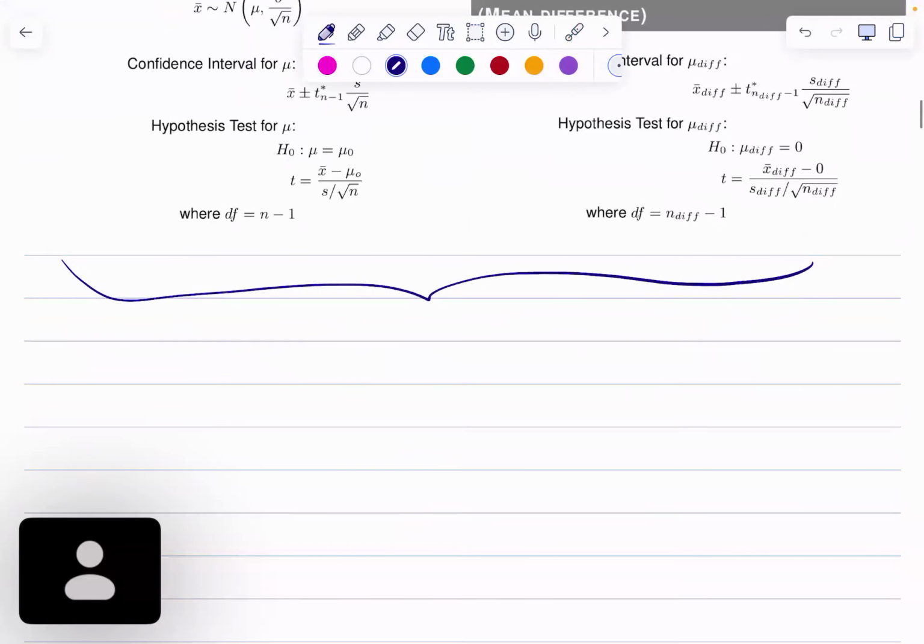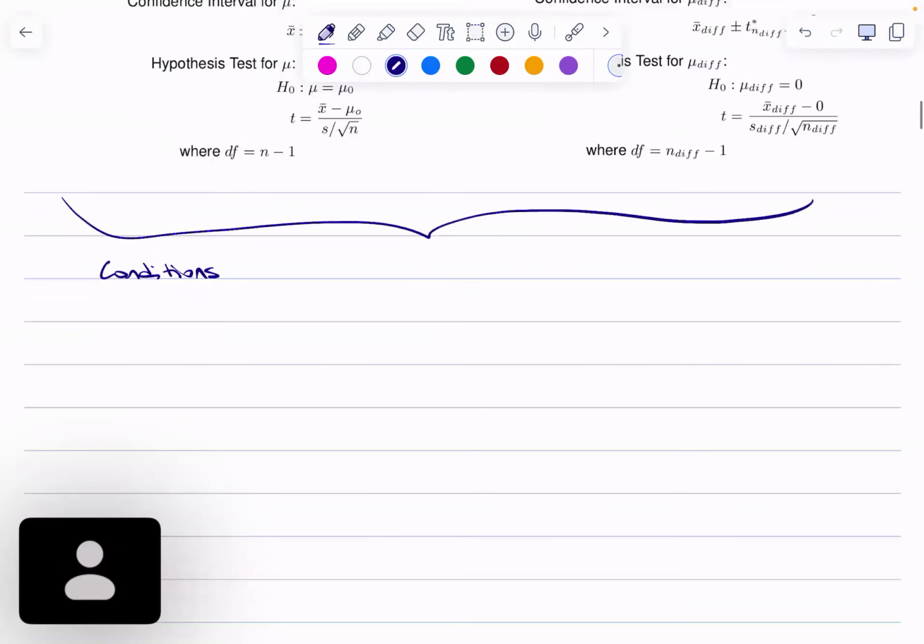And for both of these, the conditions, just to recap, for one sample problems, right, whether that's just a one sample that you want to compare to a number, or maybe it's one sample of differences, the conditions are the same, and they're a lot simpler than anything that we saw for proportions, right?